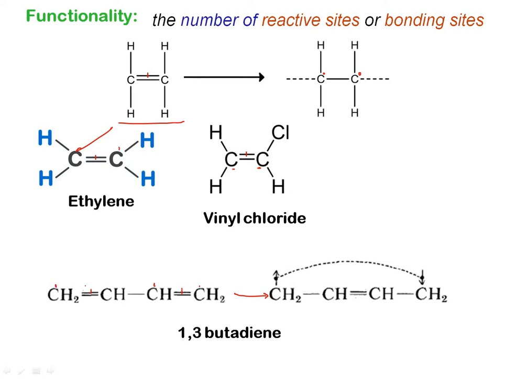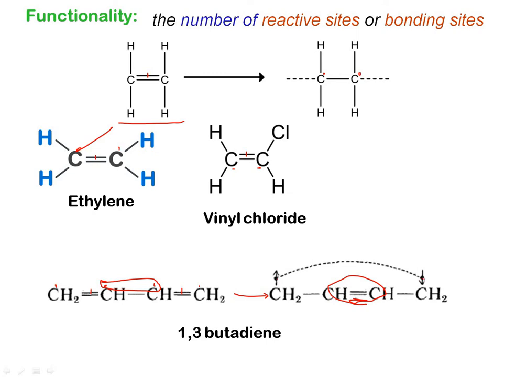Similarly, here one carbon radical and here one carbon radical are formed when we break this double bond. Now this radical and this radical combine to form a double bond over here.